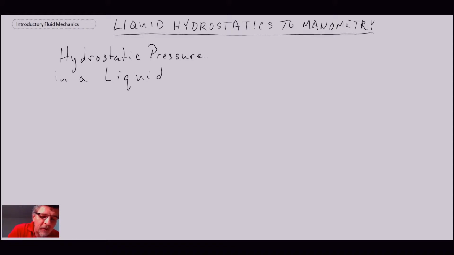This was assuming that the liquid was stationary, it was not moving. So that is the equation that we came up with.